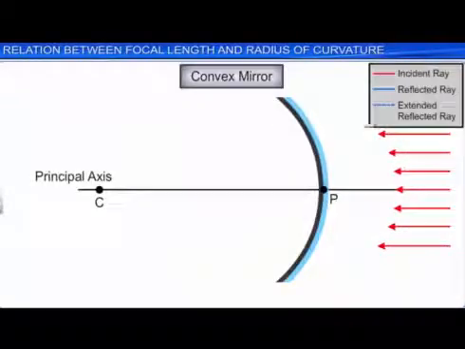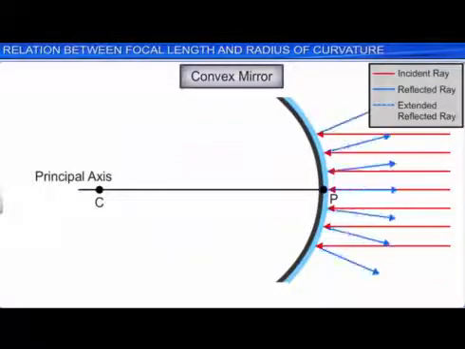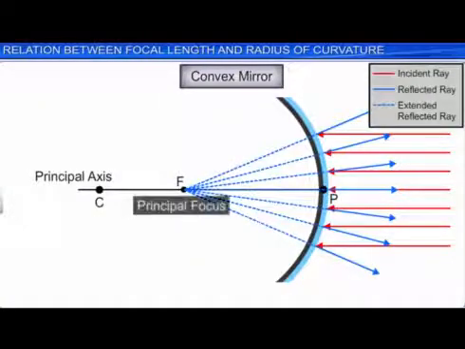Unlike a concave mirror, when a beam of light rays parallel to the principal axis is incident on a convex mirror, the rays diverge. These rays, when extended backwards, appear to diverge from a point. This point is known as the principal focus of the convex mirror.